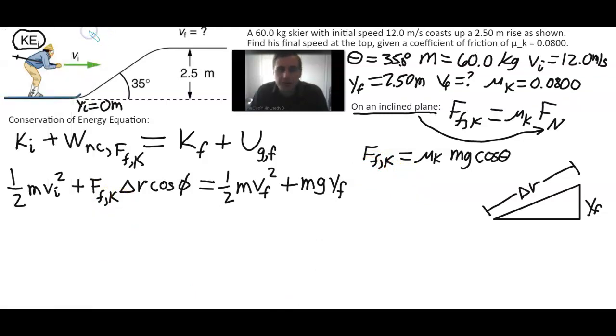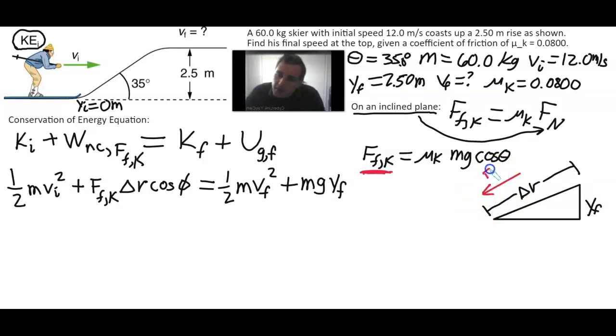If the force of friction is a vector, I think it would be in this direction, down the inclined plane. Something like that.